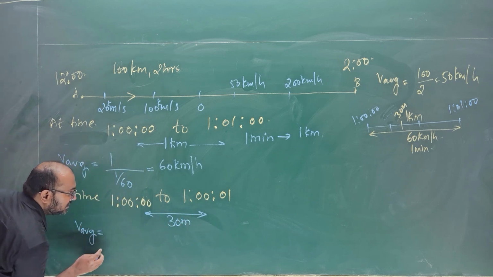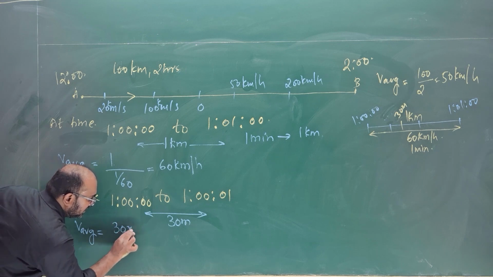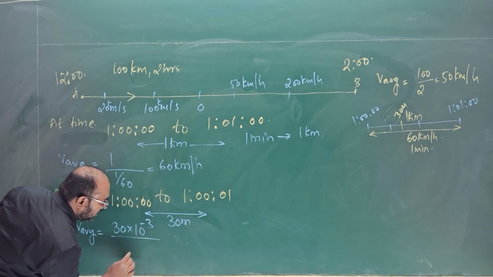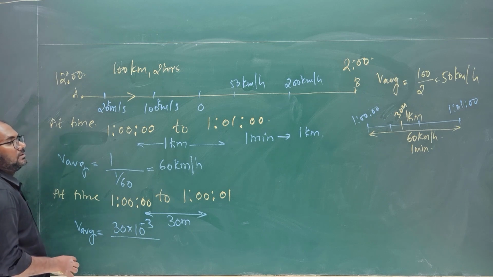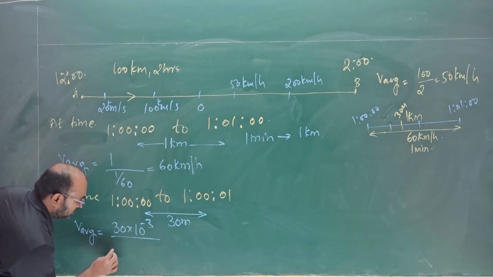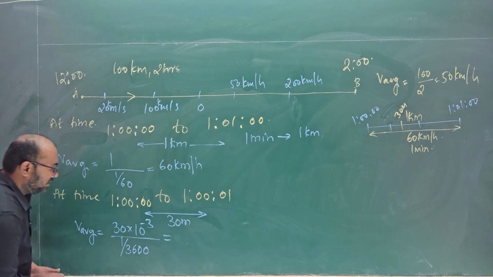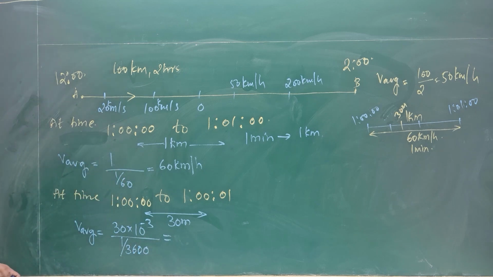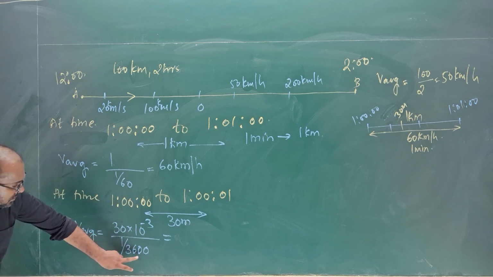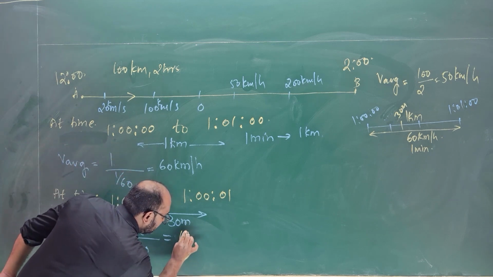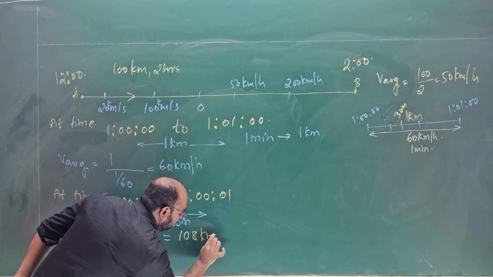V average is nothing but 30 meters, which we have to convert into kilometers, that means 10 to the power of minus 3, upon time, which is 1 upon 3600. So this can be calculated: 36 into 3 is 108. So 108 kilometer per hour.